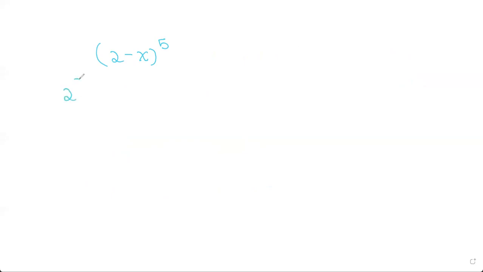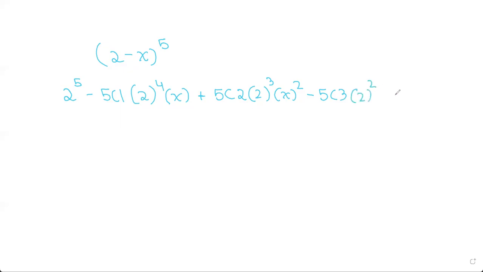So 2 to the power of 5 minus 5c1 into 2 to the power of 4 into x plus 5c2 into 2 cube into x square minus 5c3. So I'm alternating the negative and positive signs because when you do x square, the negative gets cancelled, right? So it's just positive. So you just keep alternating it. Next, you do 5c3 into 2 square into x cube.